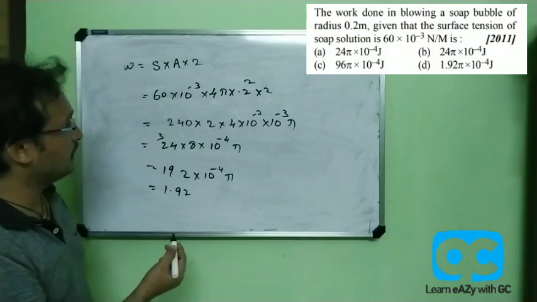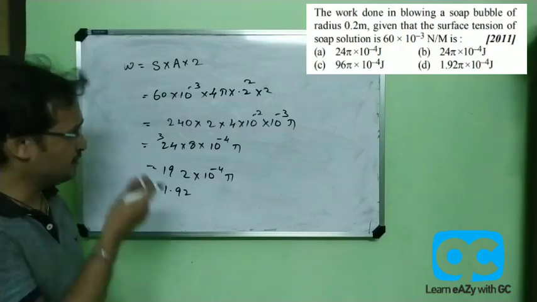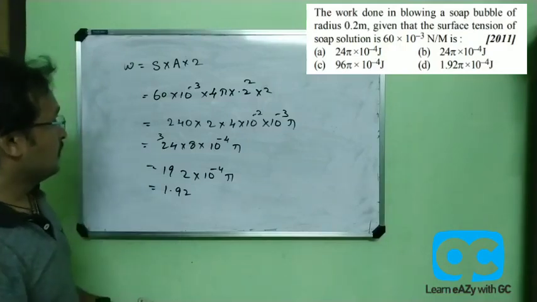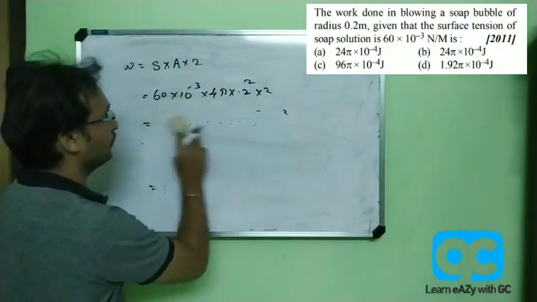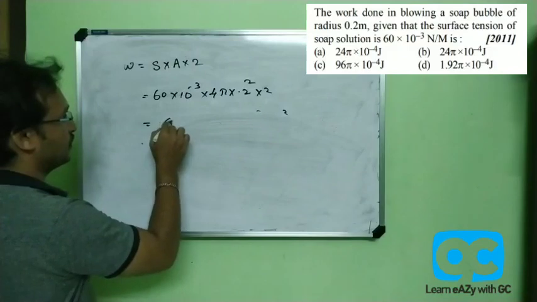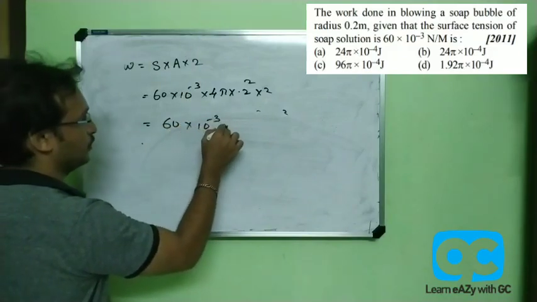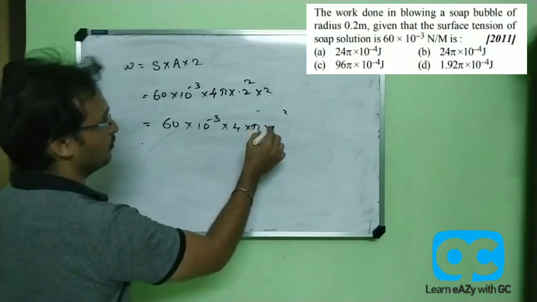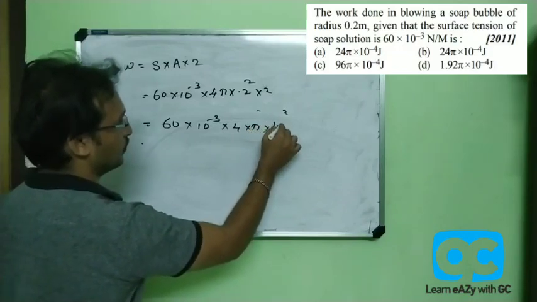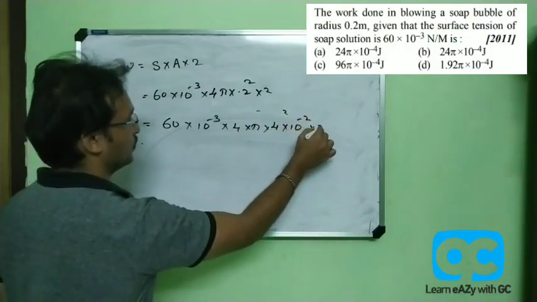Where am I wrong? One second. So it will be 60 into 10⁻³ into 4 into pi into 0.2 square, meaning 0.04, right? So 4 into 10⁻² into 2.